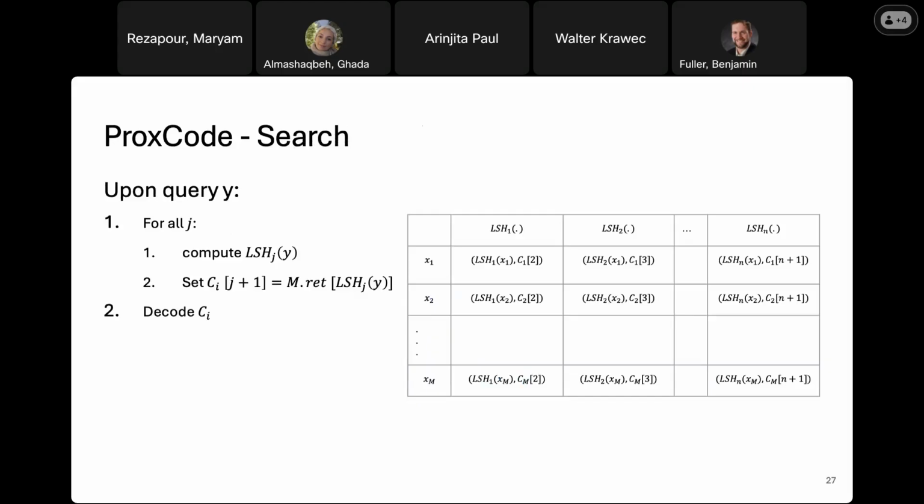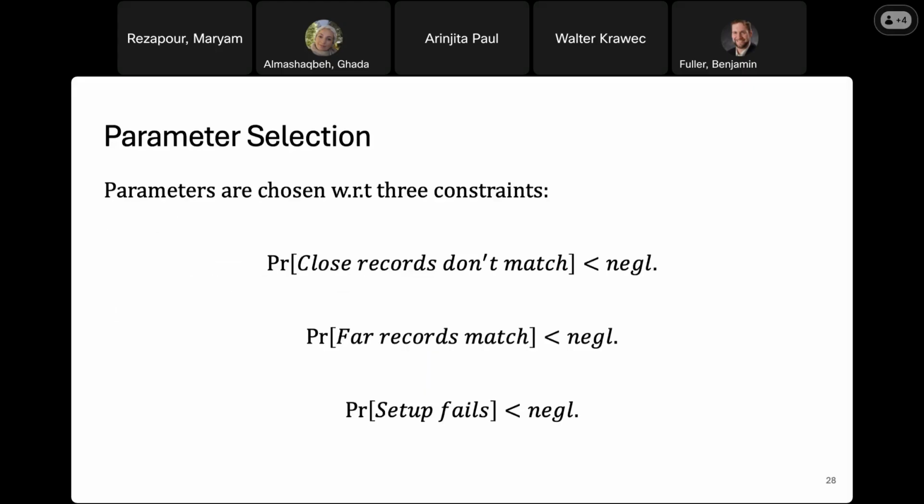So if we get enough code symbols, then we are going to be able to recover the record that is close to the queried value. In our parameter selection of N and K, we had 3 conditions. The first is that the probability that the close records, by close records I mean close to the query, don't match should be less than some negligible value.